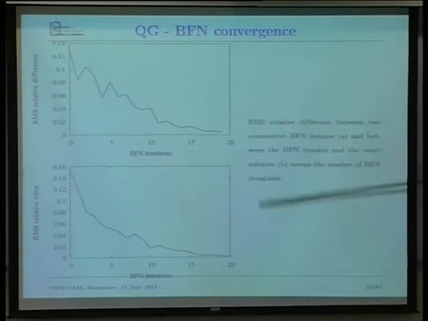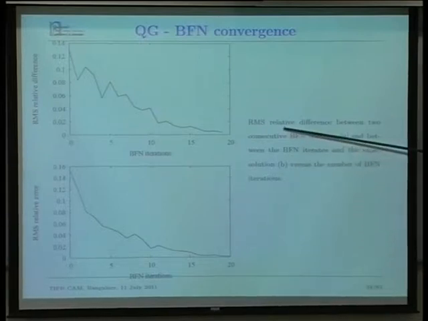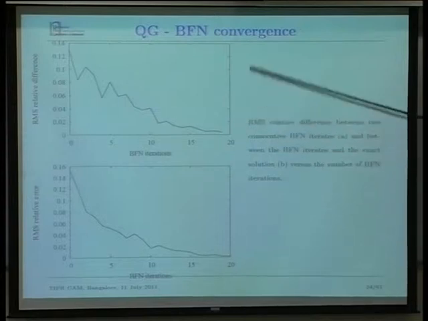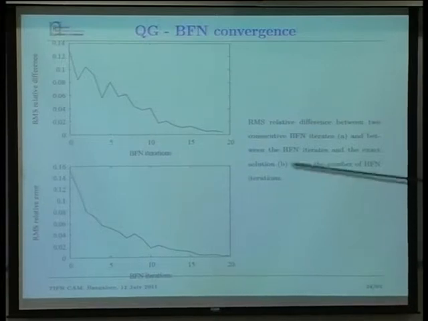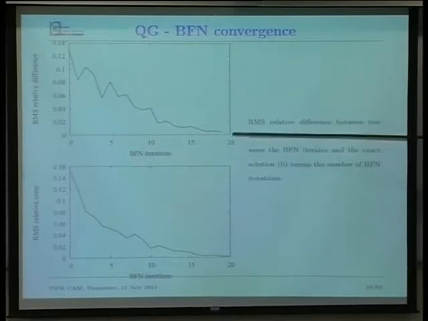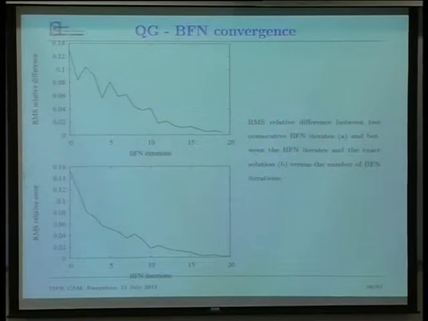So here is the convergence of the BFN scheme. Here there is no noise on the observations. And you have the relative RMS difference between the nudging state, the BFN state, and the true state. So it's the difference over all the layers. Well, I used only 3 layers for the numerical scheme.